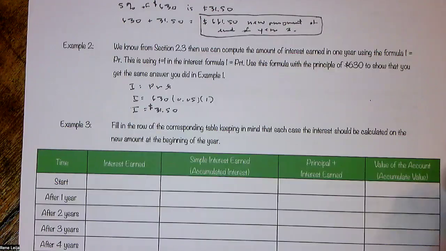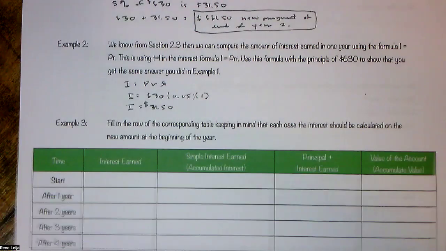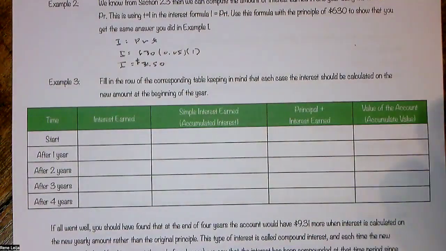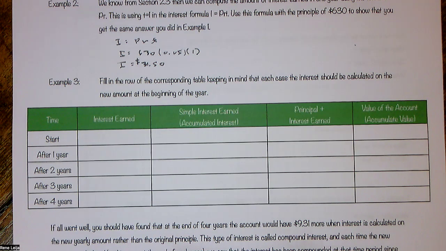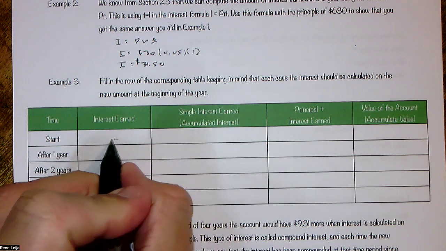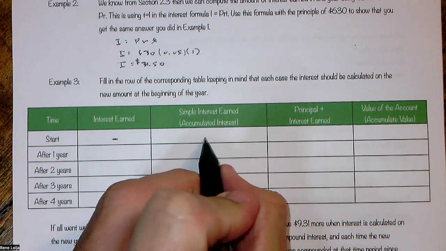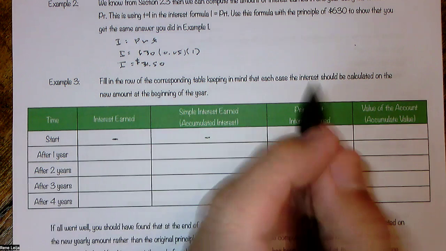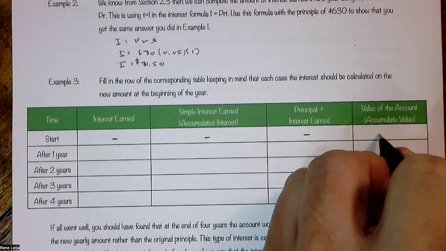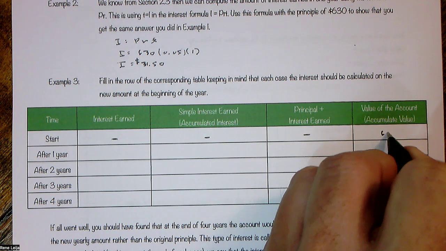Okay. So now we're going to fill out this chart just like we did in section 2.3. However, this is going to be different because now when we start, let's go ahead and start filling this out. So when we start, there's no interest earned. There's no accumulated interest. There's nothing to add that interest to. So we're going to start with the $600.